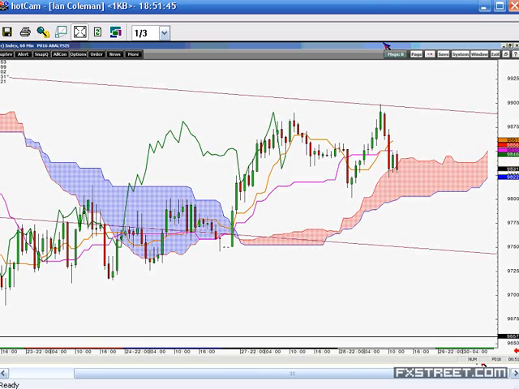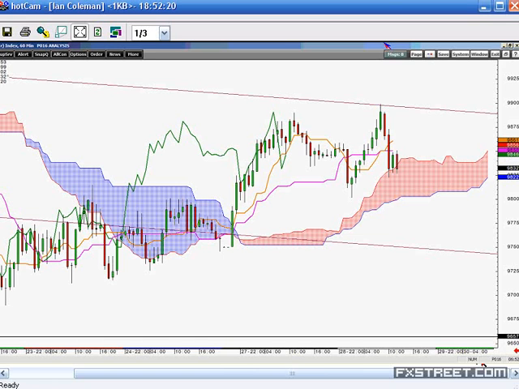Not so much in the trigger line, but in the turning line, okay, which is like our 26 moving average. So be wary of flats on that one. And obviously be wary of false breakouts. And really, you want to be looking at higher time frames, and don't concentrate too much on the noise from shorter time frames. Look for those higher time frame breakouts, and also look for those higher time frame support resistance levels.